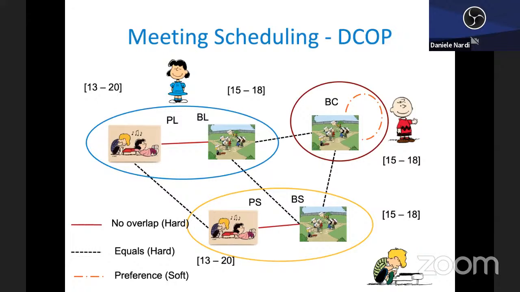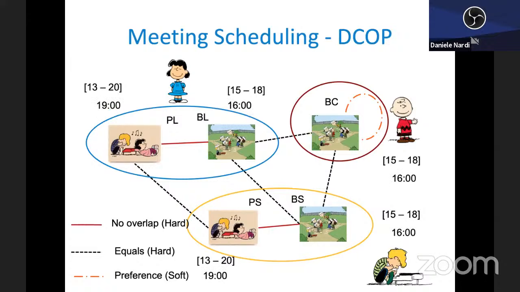On the other hand, when we have soft constraints, like in this case, preferences, then we can talk about what is the optimal solution as the solution that better satisfies the constraints. Each constraint is associated with the cost function, and therefore the minimization of the cost or the maximization of the utility, depending on how we want to look at the problem, is the objective of this problem-solving activity.